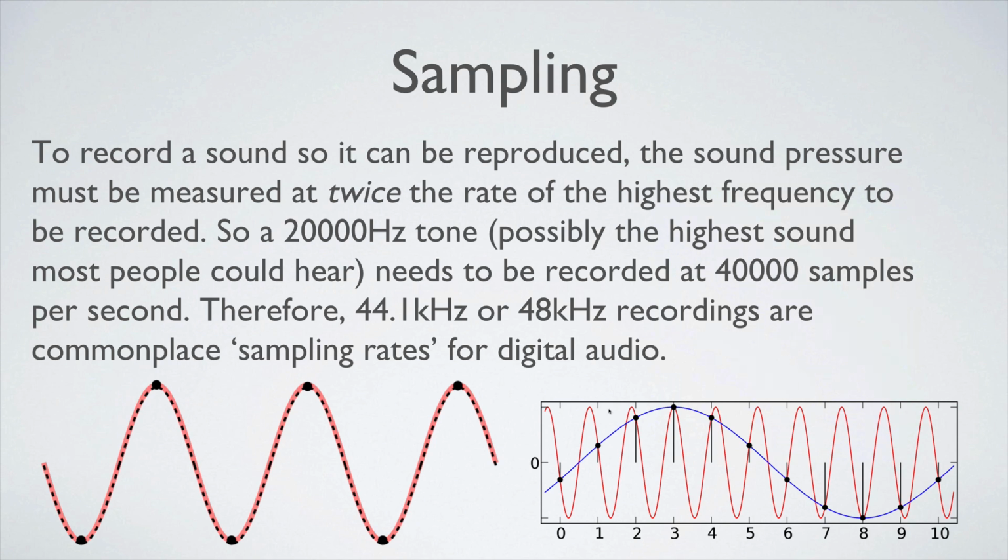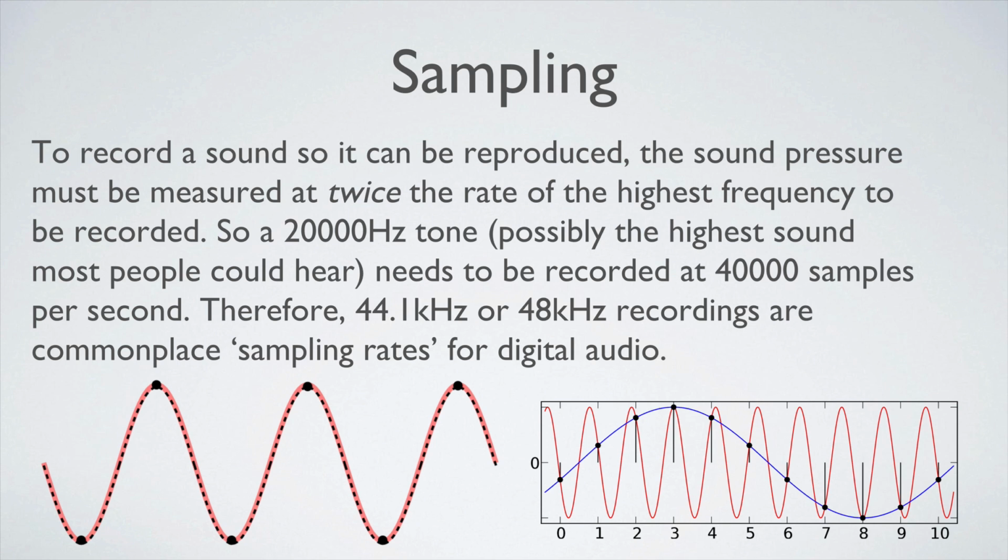So here we have that 20,000 Hertz tone, and you notice there's a recording at the top and bottom of each waveform. So if the wave has to go down and up and back to the center, we need 2 measurements per wave. So if we want to record a 20,000 Hertz tone, we need 40,000 measurements per second.